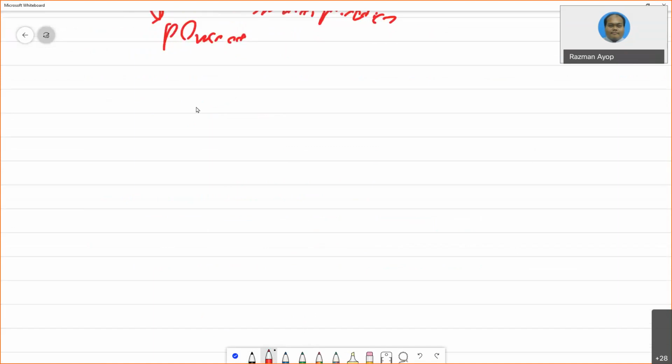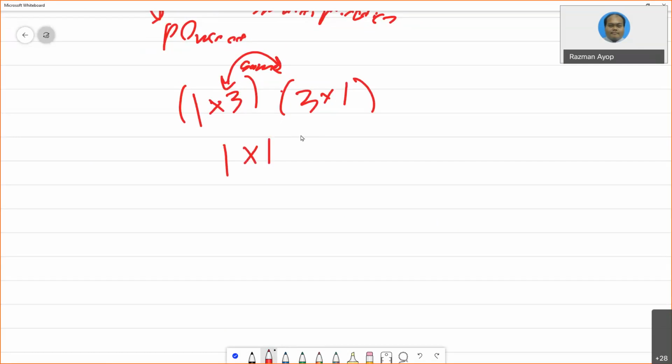If you have a 1 multiplied by 3 matrix size and you have a 3 multiplied by 1 matrix, make sure this is the same, and you will get a 1 multiplied by 1 matrix.